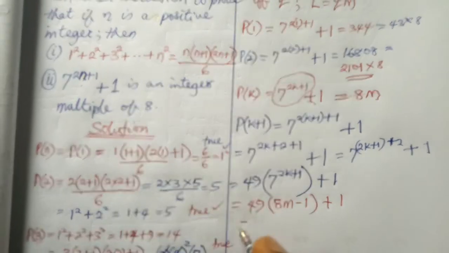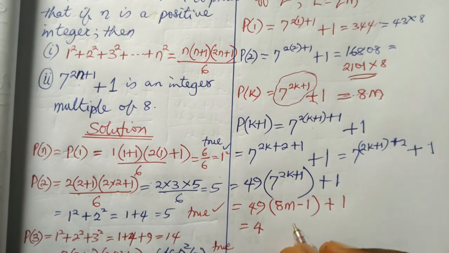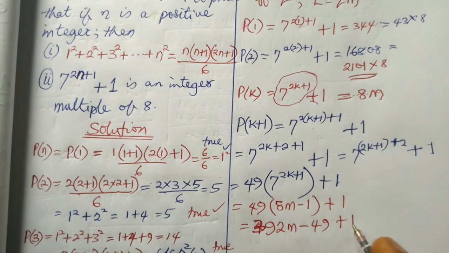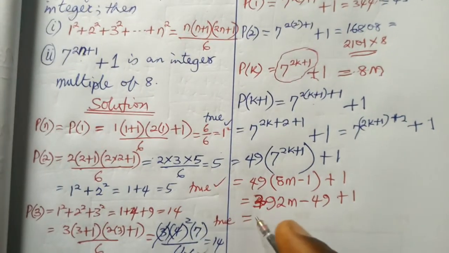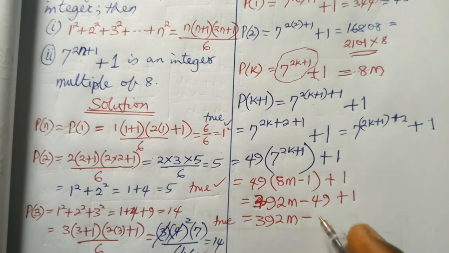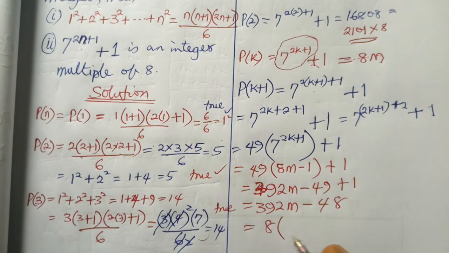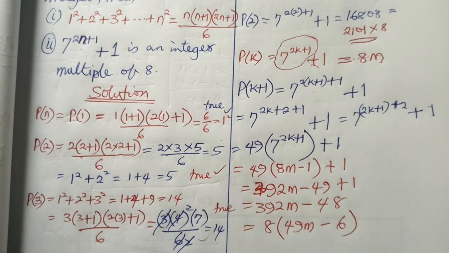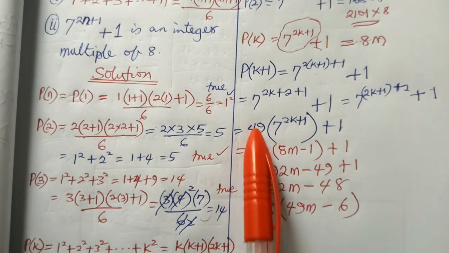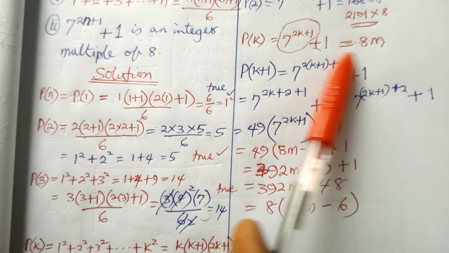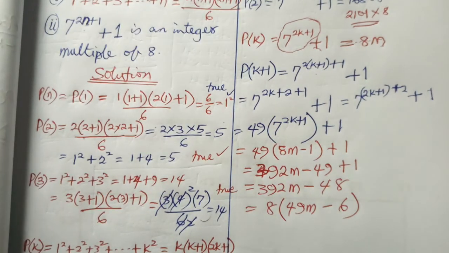If we open it up, 49 times this is 392m minus 49 plus 1, and that is 392m minus 48. If we factorize by 8, we will have 49m minus 6. So you see that P of k plus 1 is also a multiple of 8, just like we have assumed.